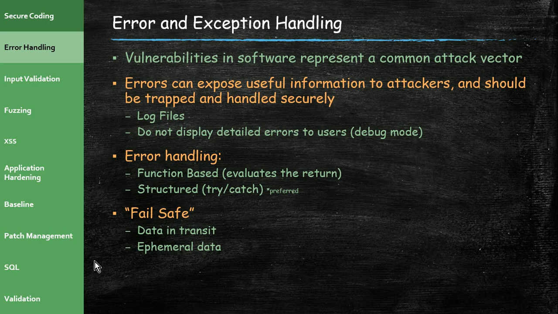So if a program goes into some state where that data is just sitting out there in, say, a message queue in Microsoft or an RPC, it could be gleaned by an attacker and they could use that data. Same with the ephemeral data. It could be sitting in memory and so forth and so on. So we want to make sure that when that catch happens, we're doing something safe, that we're bringing the application into some kind of a fail safe.